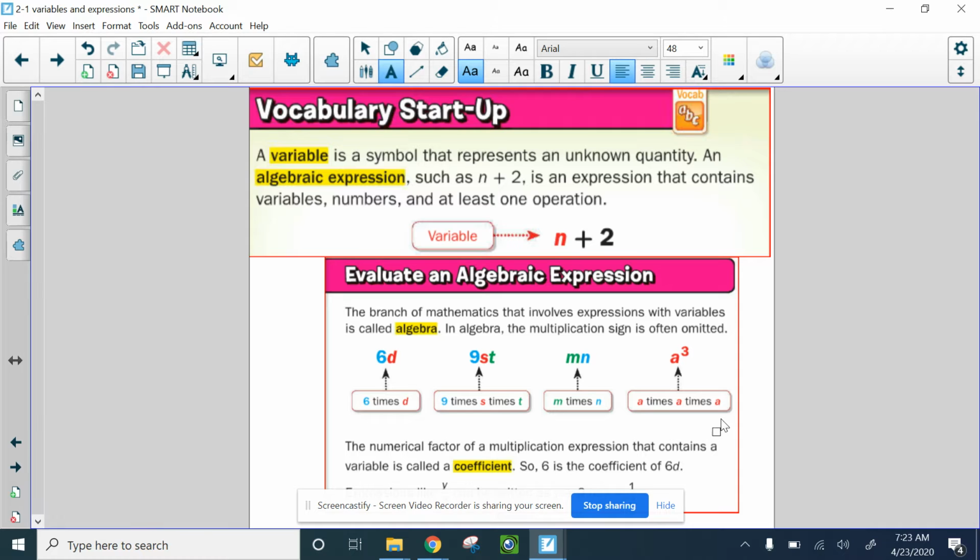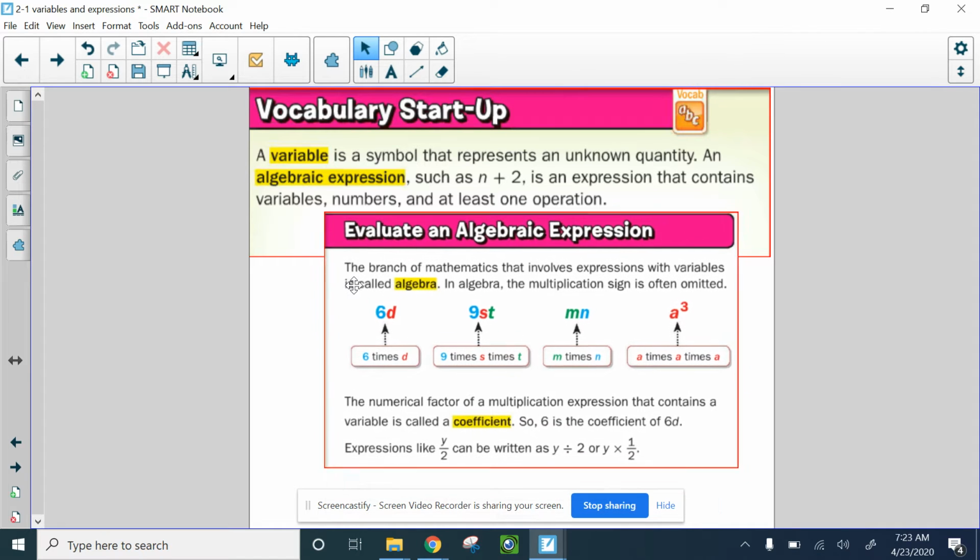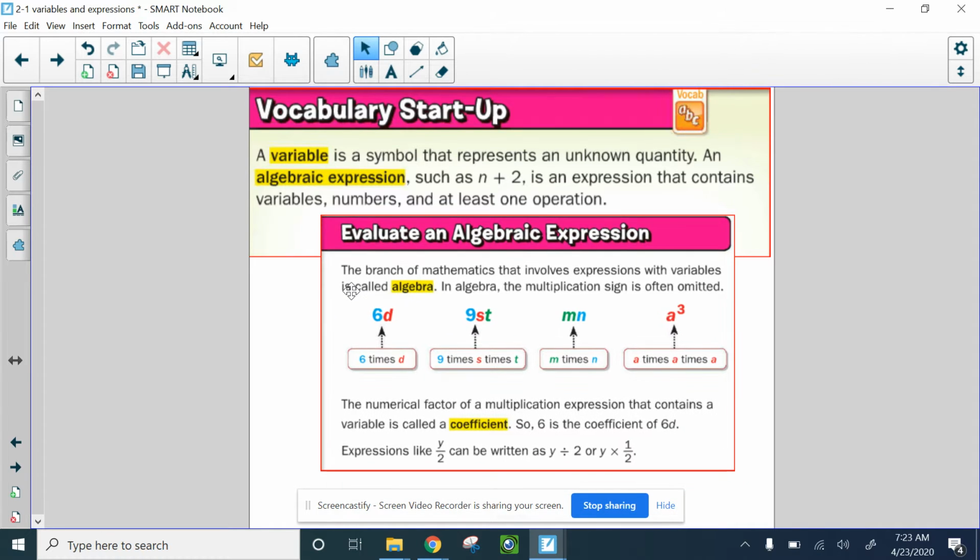You'll notice the number part is called the coefficient, and the coefficient is normally written in front, so I would say 6d. And if I have something like y divided by 2, I can write it as y divided by 2 or y times 1/2, but I'm mainly going to do y over 2 as a fraction.